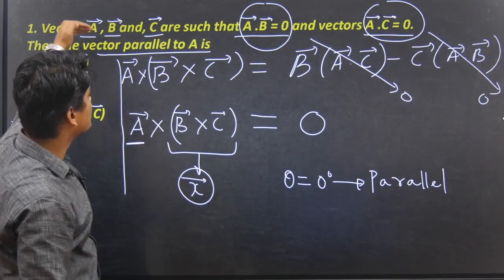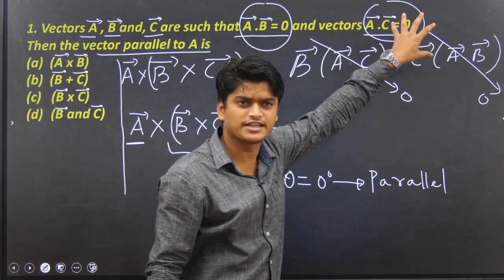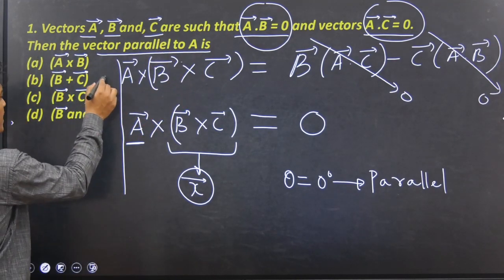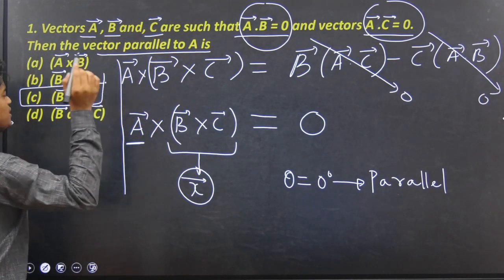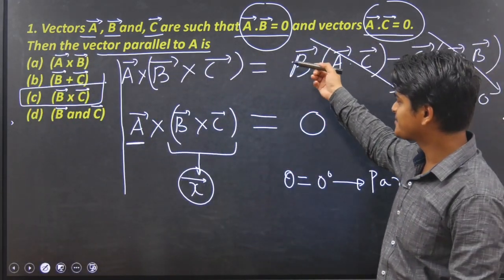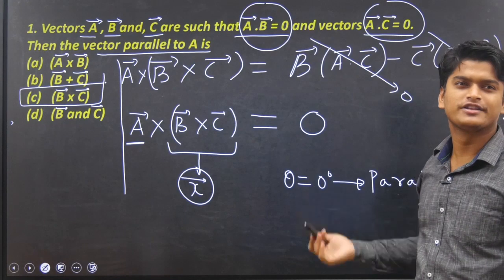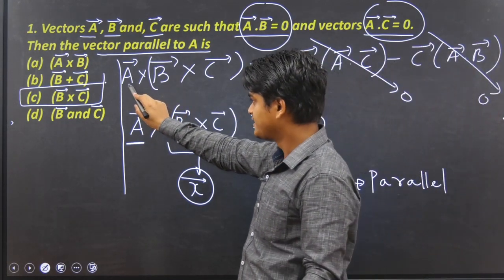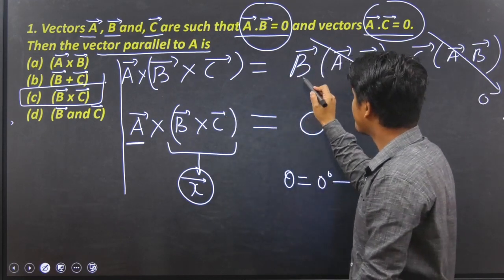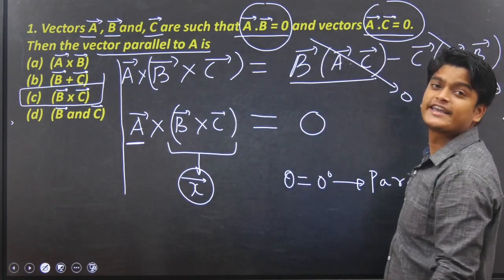They are asking: three vectors with certain conditions are there, then the vector parallel to A is what? The vector parallel to A is nothing but your B cross C. I hope you understand. If you remember this formula, you can immediately solve this question. Remember always the rule for the cross product of three vectors: BAC minus CAB.